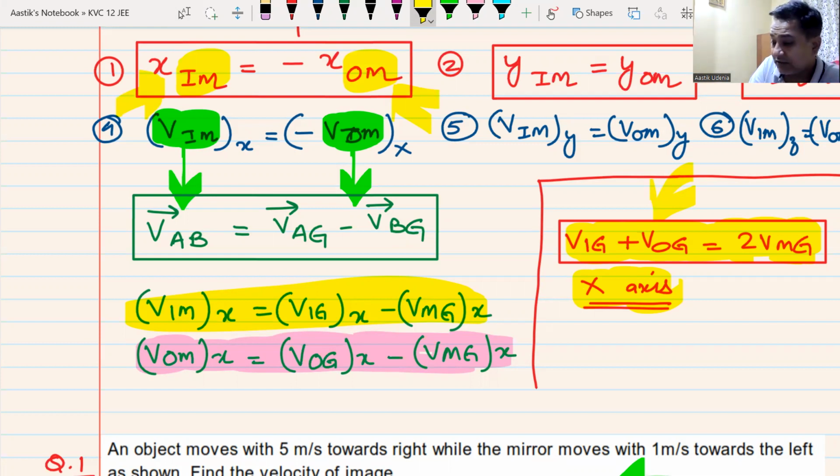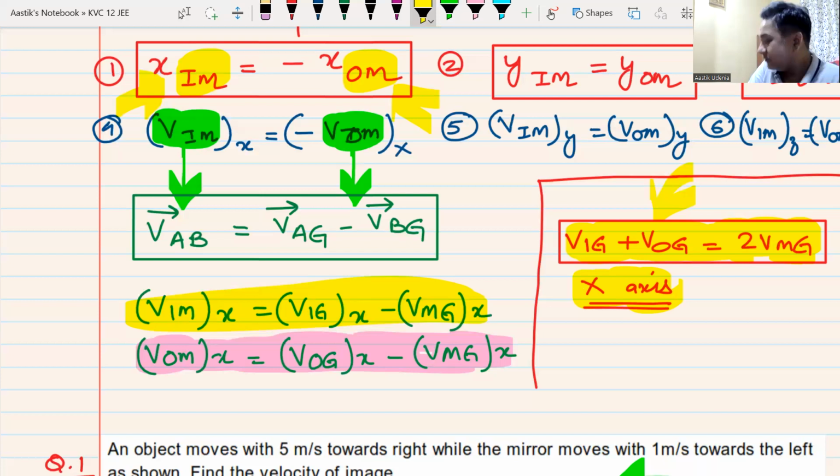And the question that I gave you was the object and the mirror, where the mirror was stationary. Now the mirror suddenly starts to move. So what difference will it make when the mirror starts to move? That is what you must think.